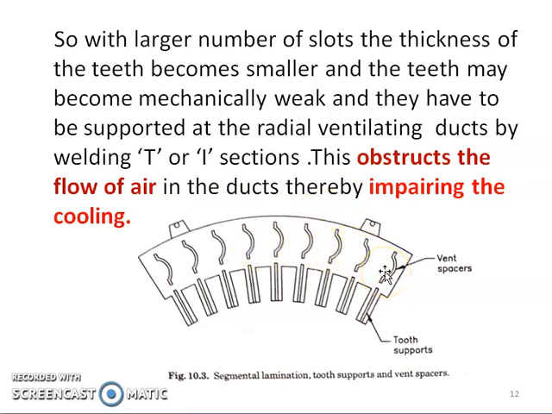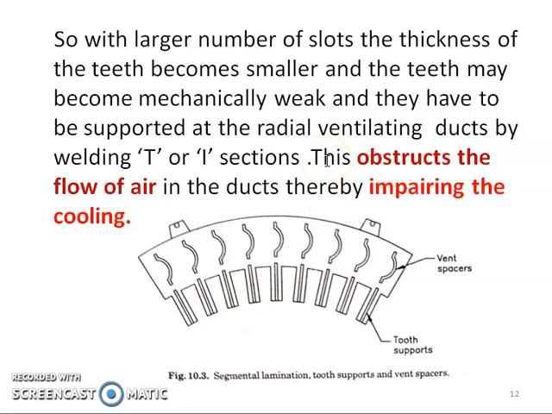But what happens if T or I sections are welded to the tooth section? What is the effect of using T or I sections on cooling of the machine?